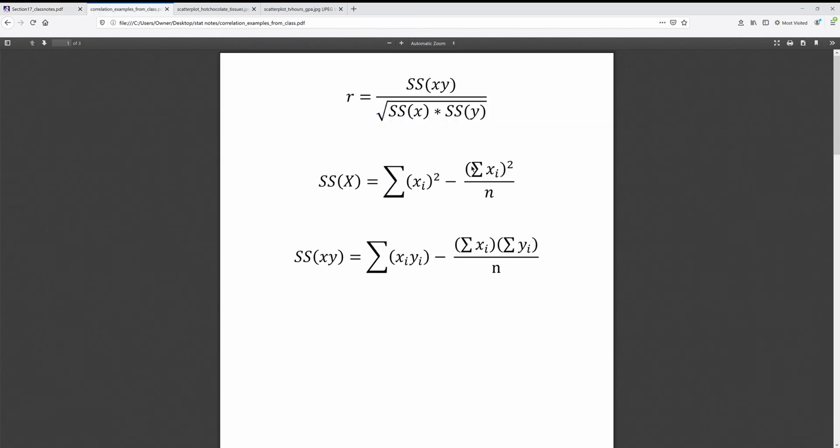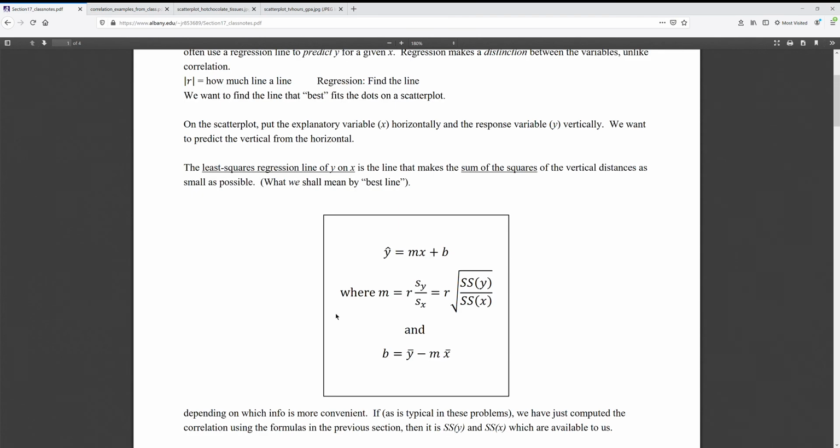In other words, that you found the 5 underlying quantities: the sum of the x's, the sum of the y's, the sum of the x squares, the sum of the y squares, the sum of the pairs. Then you constructed the 3 major pieces, SSX, SSY, which is the same thing with y's, and SSXY, and from there you found correlation. So if you've done that, then these are the pieces you've already computed.